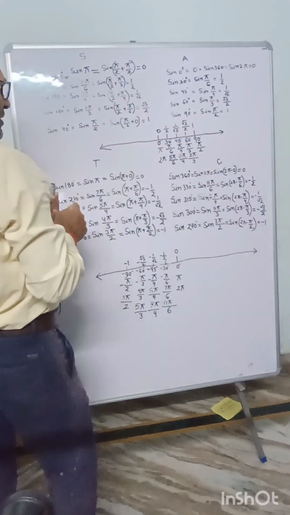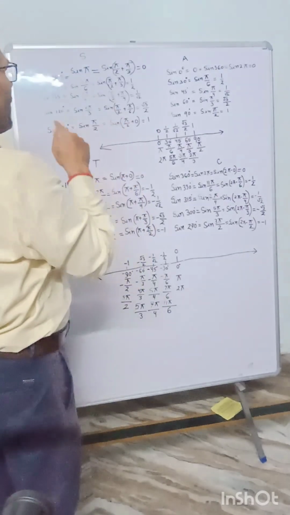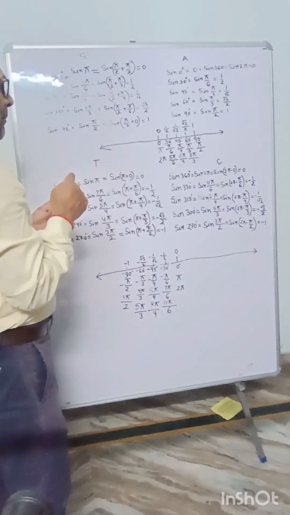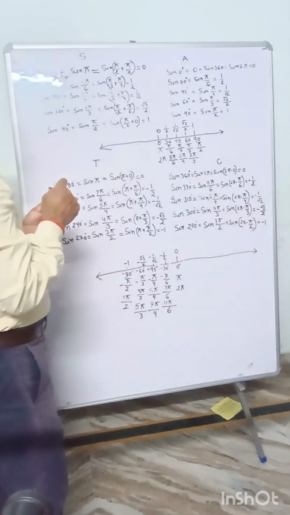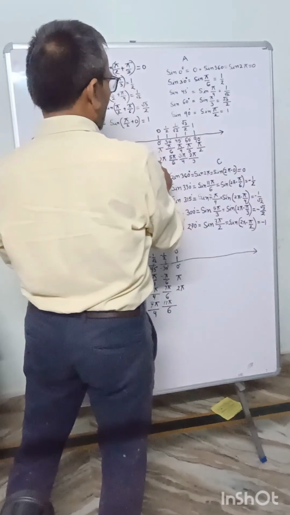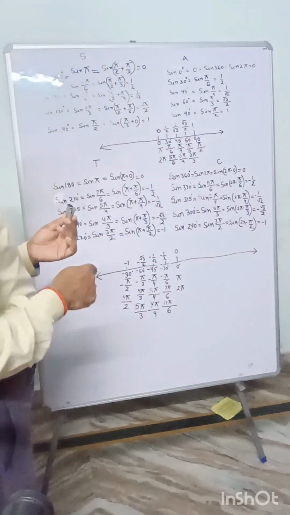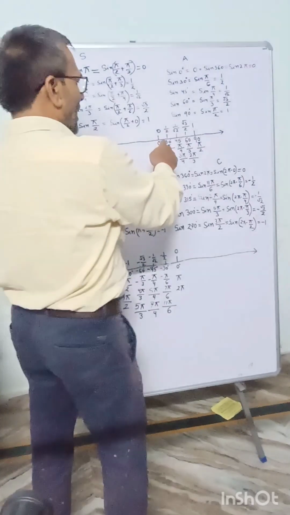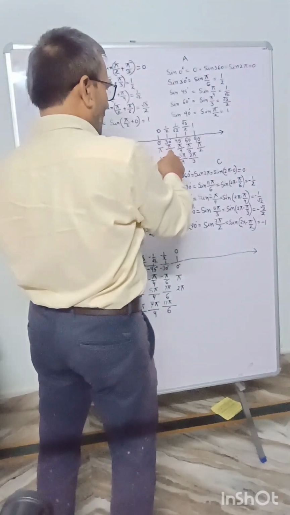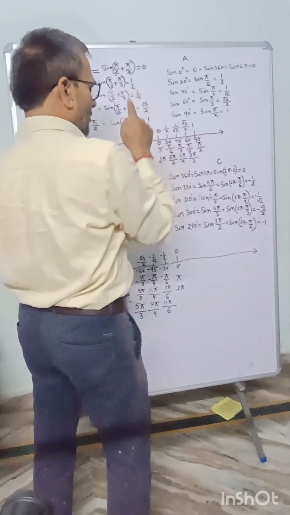It means we see here in first and second quadrant the values of sine 0, sine pi, sine 2 pi having the same value. Value of sine 30, sine pi by 6, sine 5 pi by 6 having the same value, that is 1 by 2.